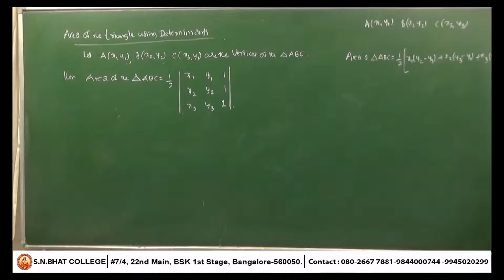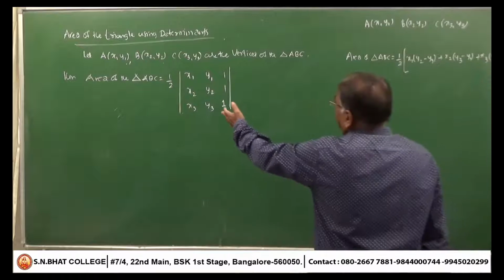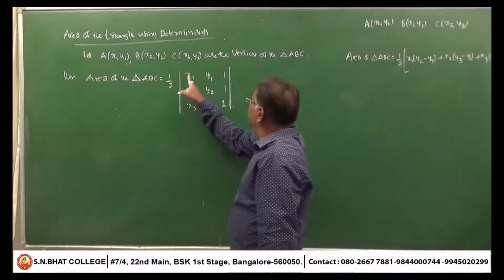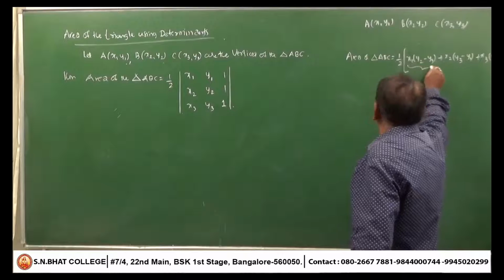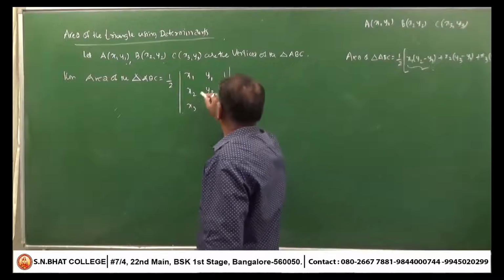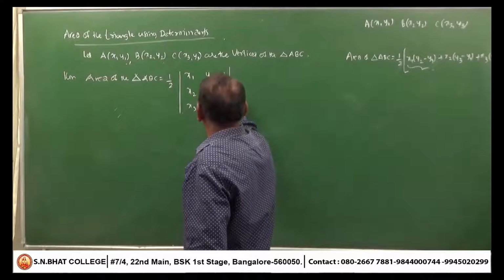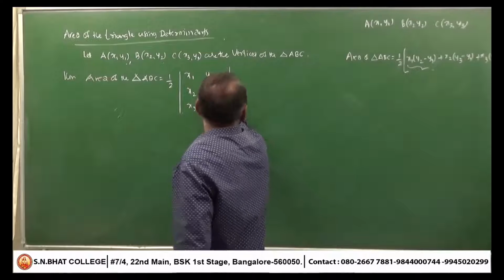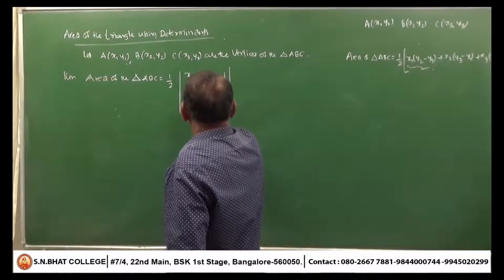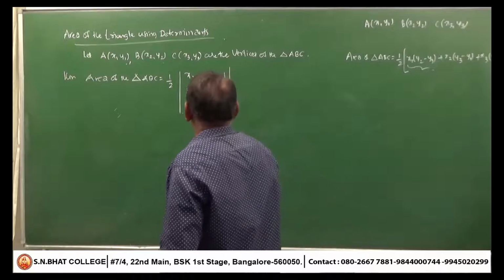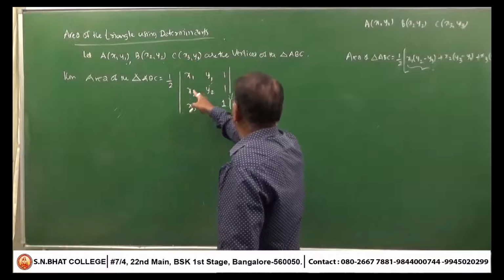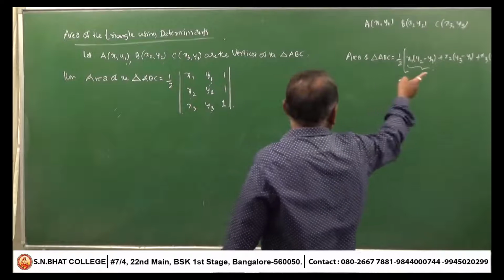See, if I expand and rearrange, you know how to expand a third order determinant. Expanding, what you get? x1 into y2 minus y3, minus y1 into, if I take plus, x2 into, leave this row, this column, y3 minus y1 plus x3 into, leave this row, this column, y1 minus y2.